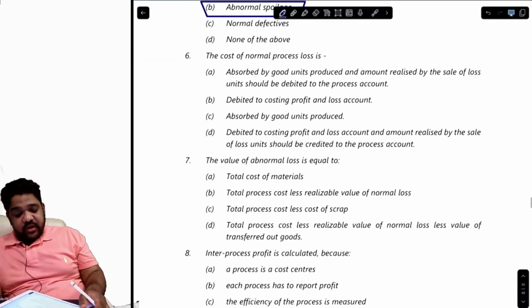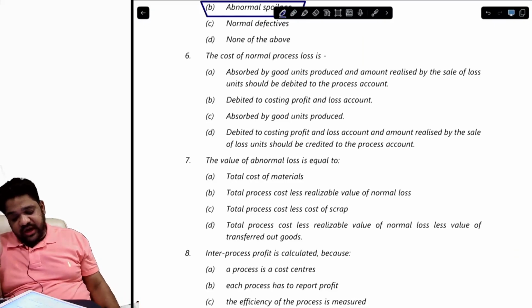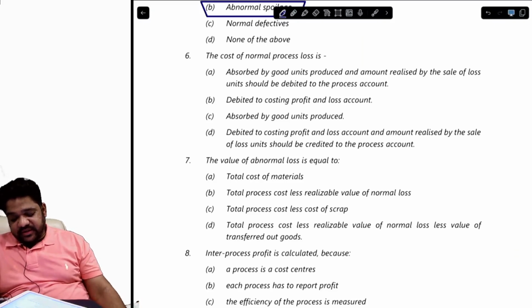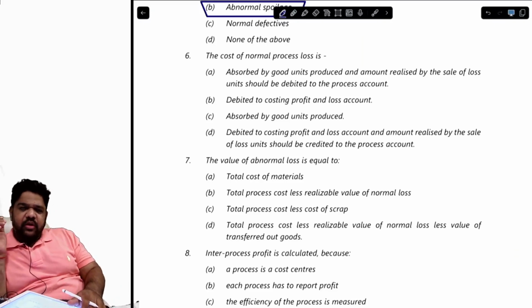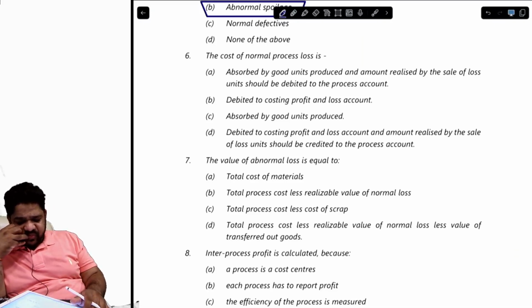Then the cost of normal loss is absorbed by the good units produced, and the amount realized by the sale of loss units should be debited to the process account. Do we debit it to the process account? No, we don't debit anything to the process account.